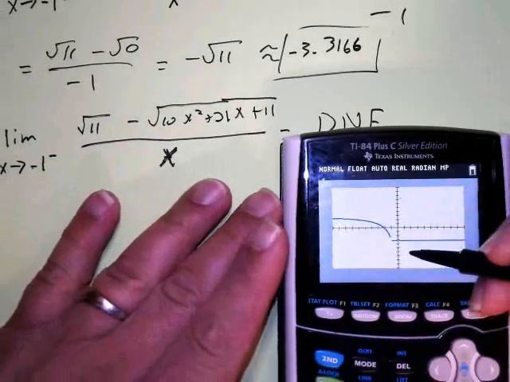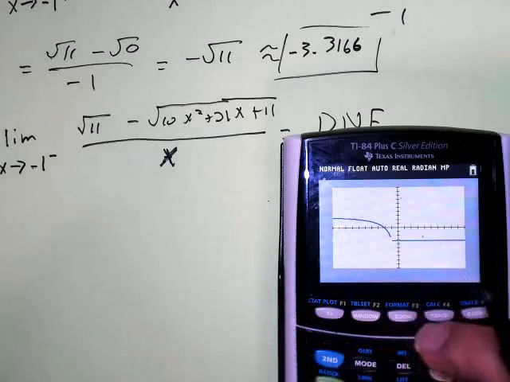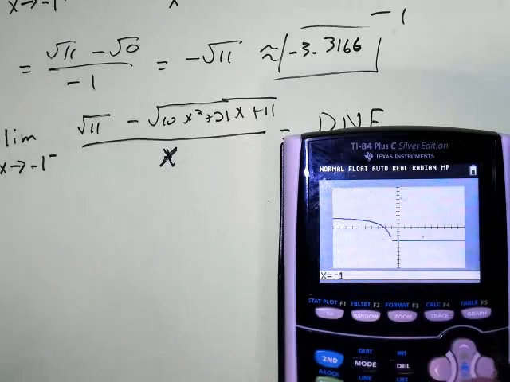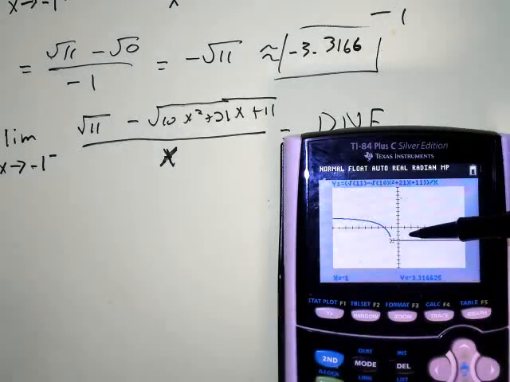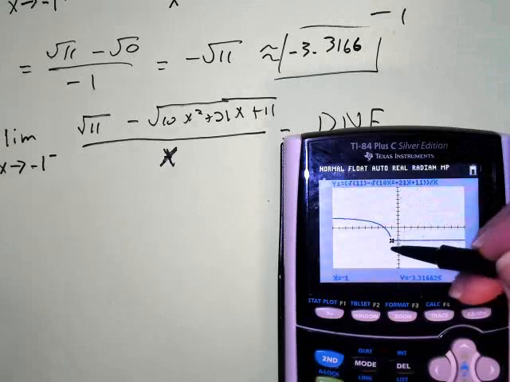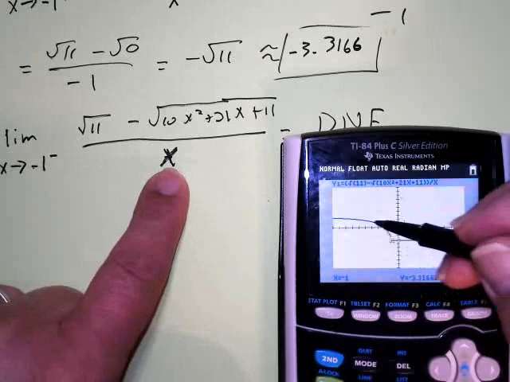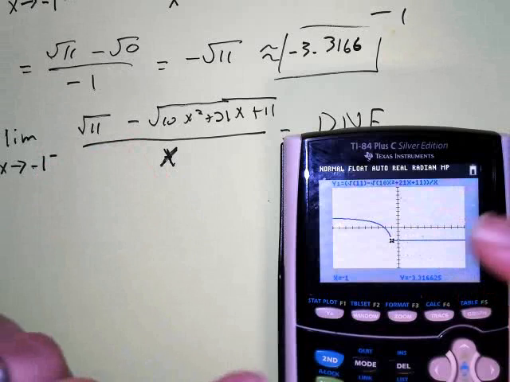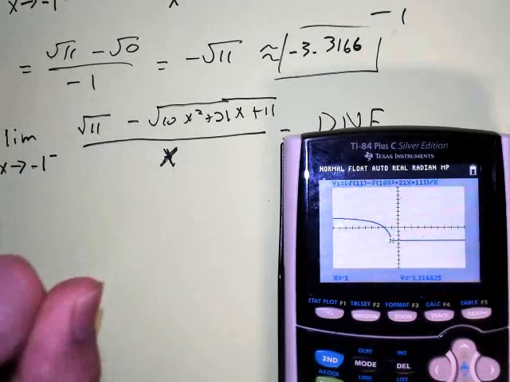And so what it's approaching here, so if I actually hit second calc and I put in negative 1 here, you see that I actually get negative square root of 11. Okay, I actually get that value. But it seems like it makes a jump up here. So maybe this one-sided limit should equal what it is right over here? And the answer is no, because there's not just a vertical jump, there's a horizontal jump as well.